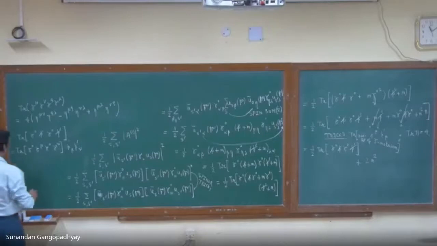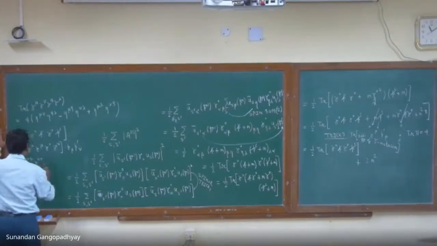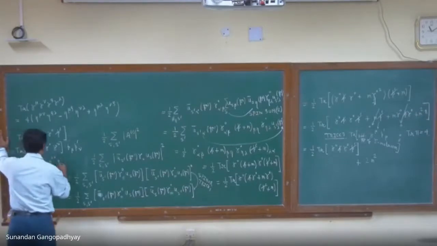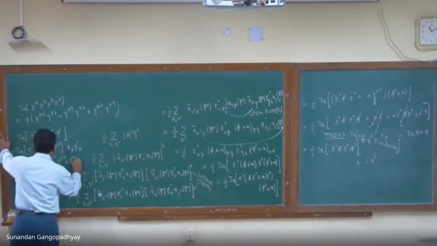To use this formula, you can see that this will give us eta 0 mu, eta 0 nu, the first term, minus eta 0 0, eta mu nu, and plus eta 0 nu, eta mu 0.